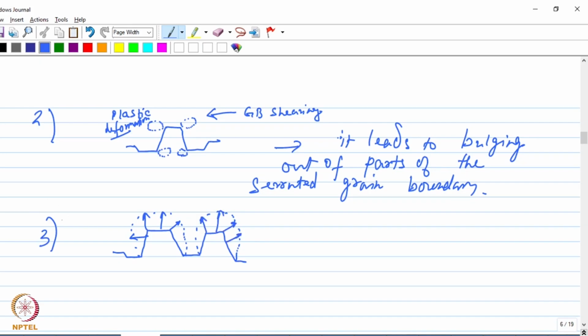The bulging will occur due to this, which is depicted by this diagram.